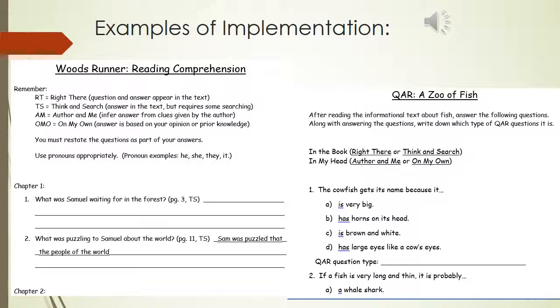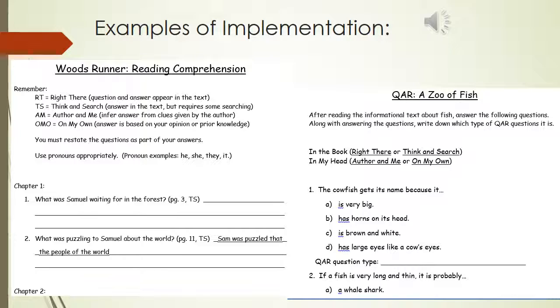You can see at the top that there are abbreviations for all the different question types, and then it reiterates what they mean, so the students can reference back to what kind of question I'm asking them. And then throughout the text, they answer questions and they remember their QAR reading strategies to help them throughout the novel, to help them with their comprehension.